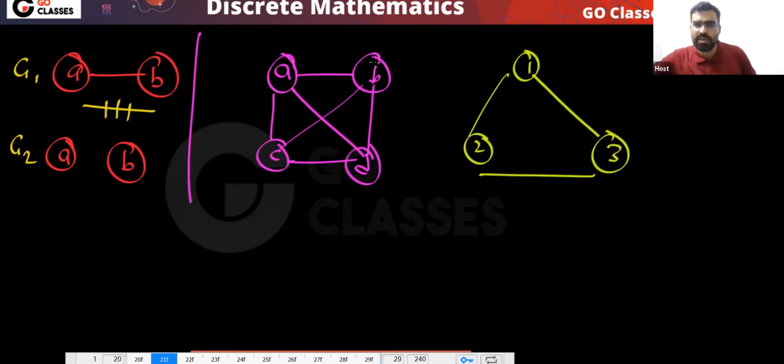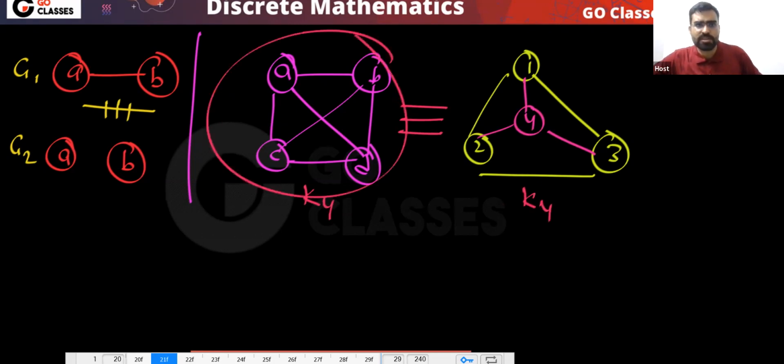They look very different, but are they isomorphic? Yes, they are isomorphic, because this is also K4. This is also a complete graph on 4 vertices. In this also, every vertex is adjacent to every other vertex. So both are basically K4.